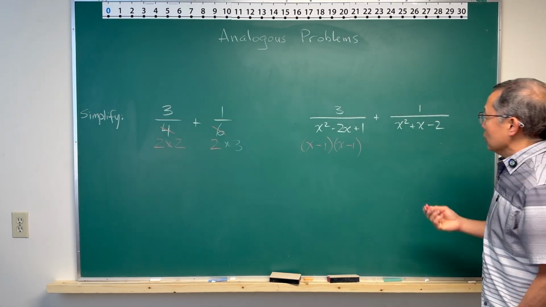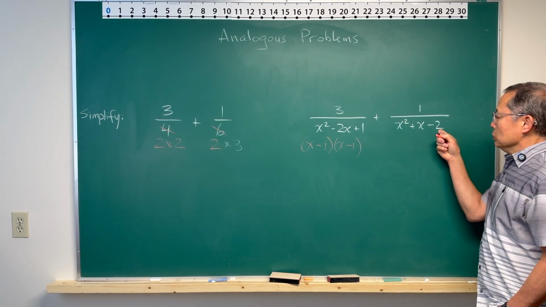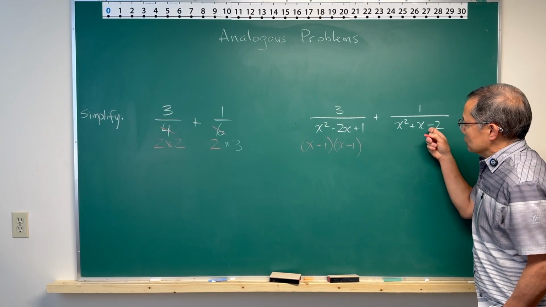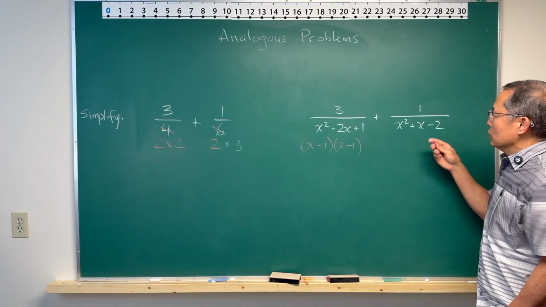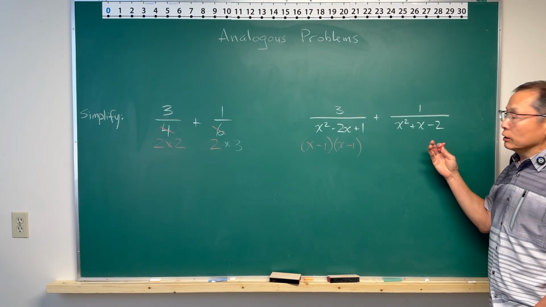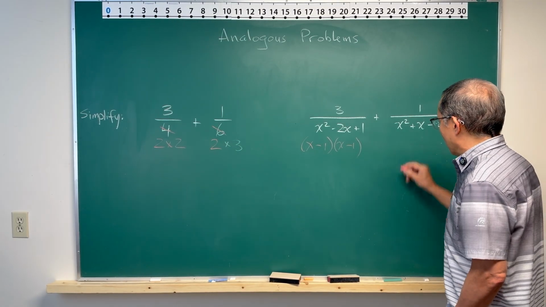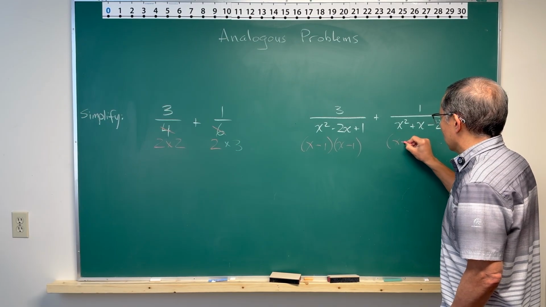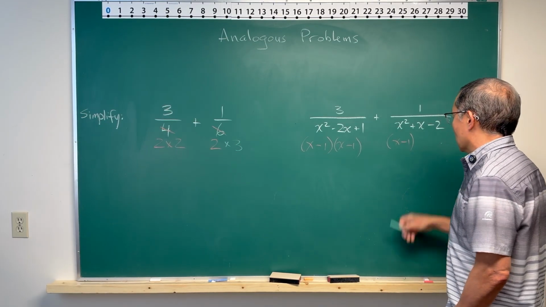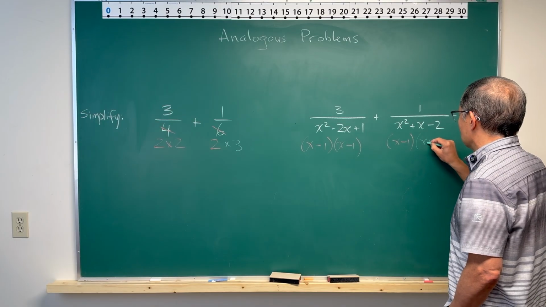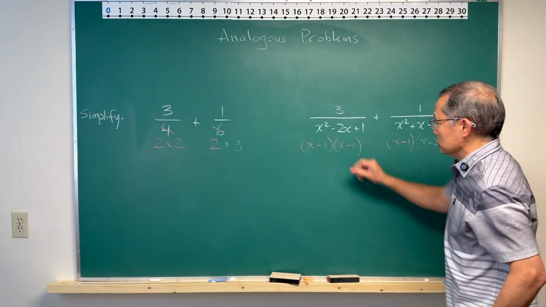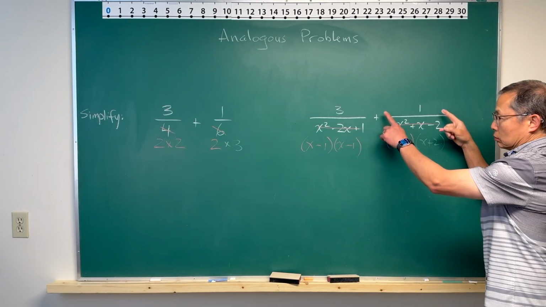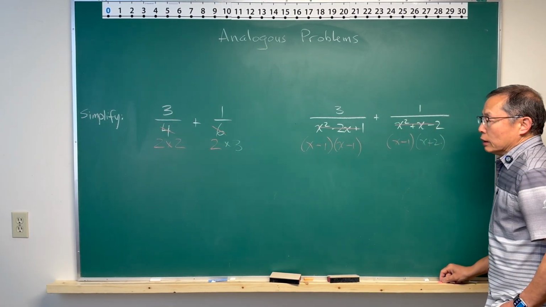This denominator, 2 numbers that multiply to negative 2 and subtract or add, whichever way you want to look at it, to give a positive 1. So positive 2 times negative 1. And that would break down as follows. X minus 1 times x plus 2. So you see structurally, they are exactly the same question. They break down the same way.